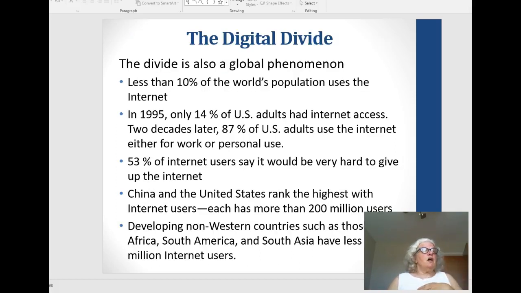The divide is also a global phenomenon. In 1995, only 14% of the US had internet. Now we're talking about 90% of adults using the internet either for work or for personal use, and they find it very hard to give it up.